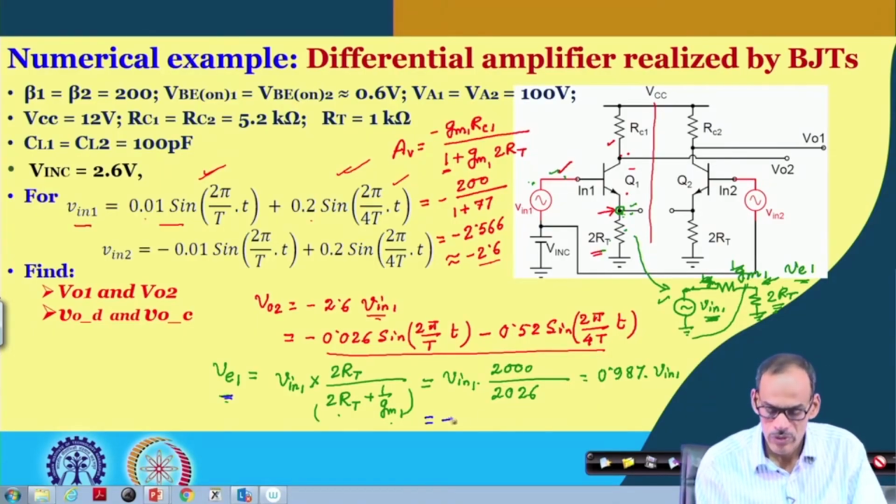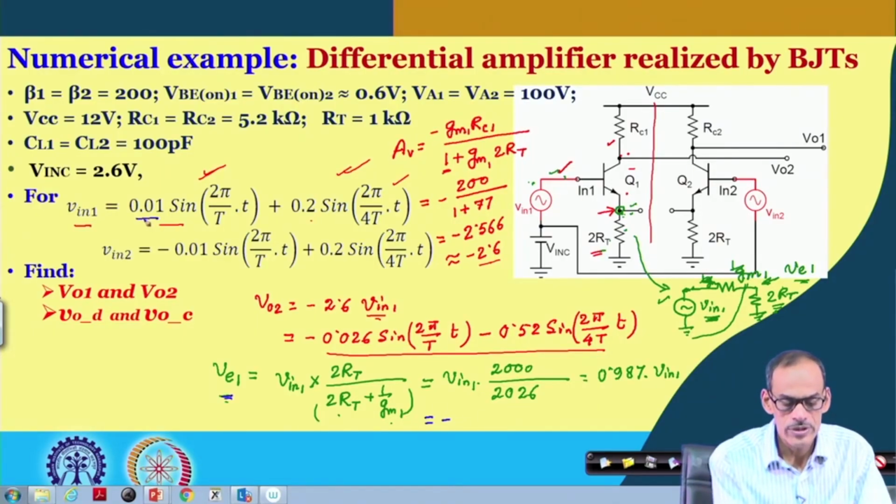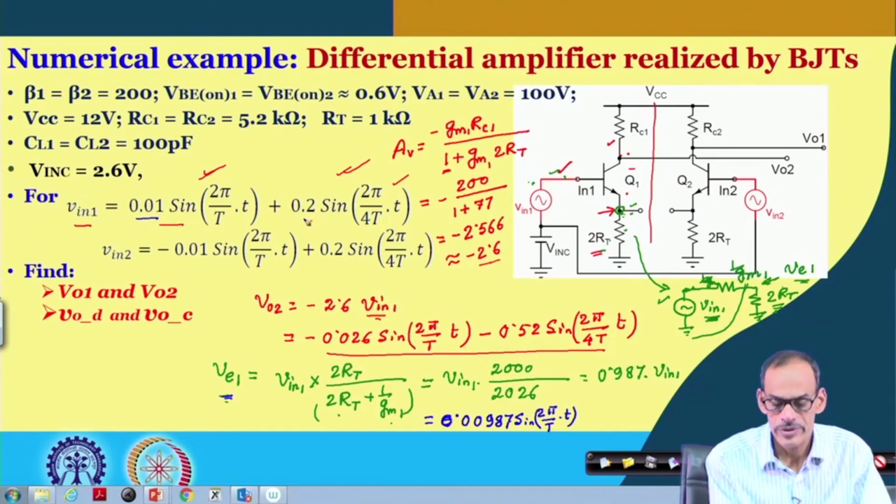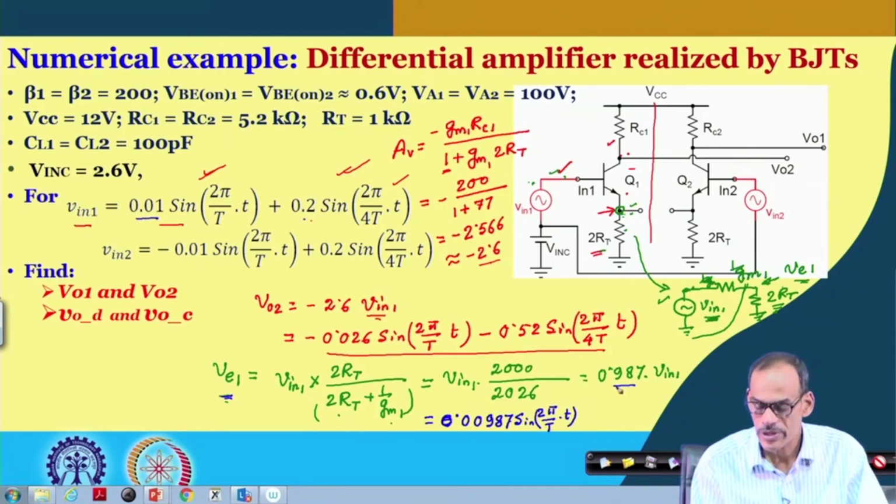So, I do have 0.01 multiplied by 0.987. So, I do have 0.00987 sin 2π/T into t, and then we do have this part that is also getting multiplied by this one.